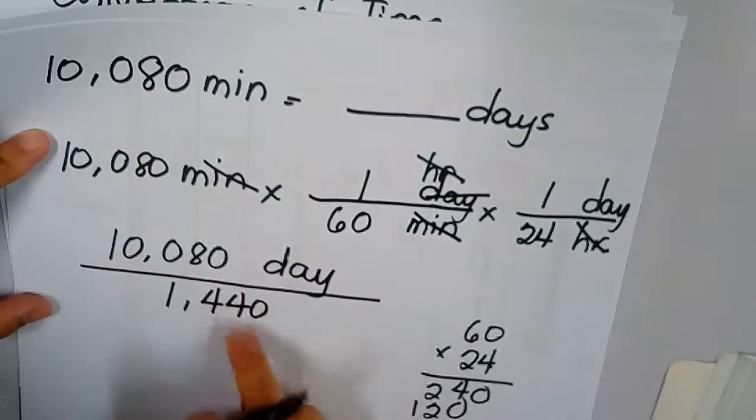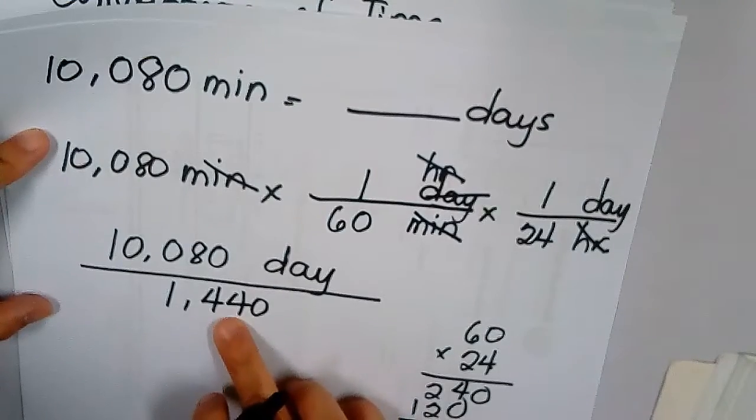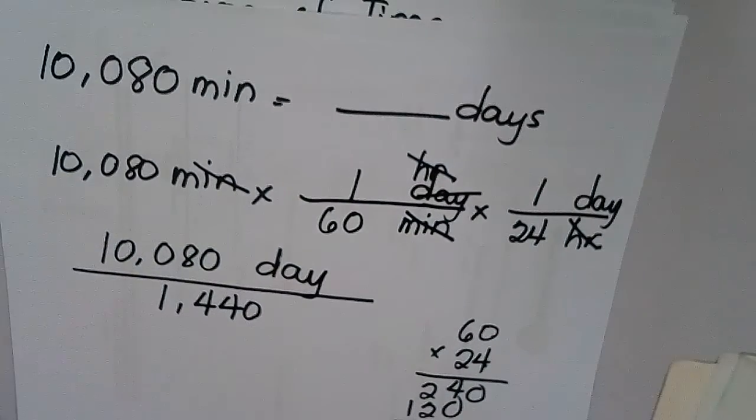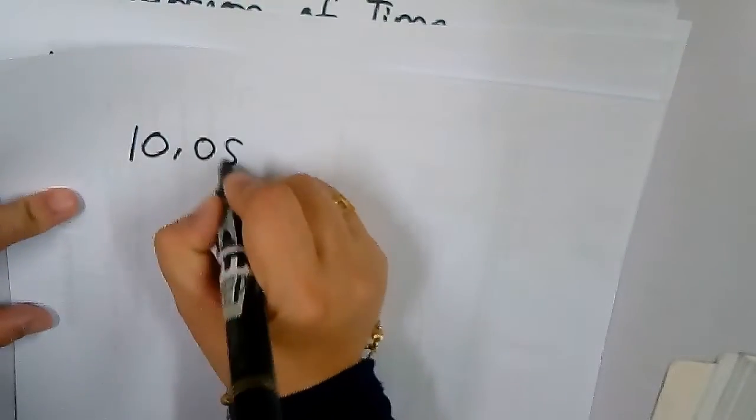So 10,080 divided by 1,440 is equal to, tingnan natin. You can use your calculator, pero kung you're going to do this manually, 10,080 divided by 1,440.